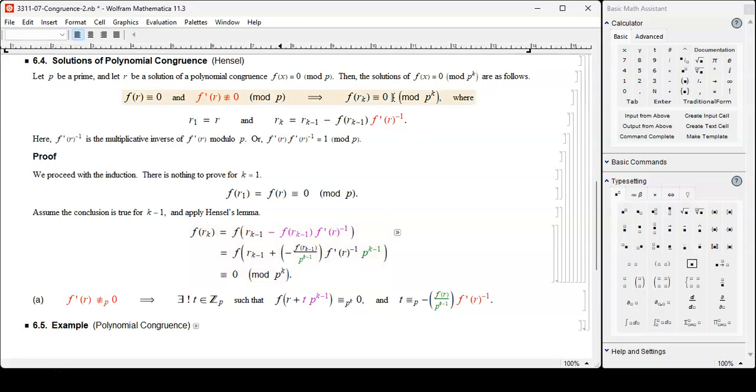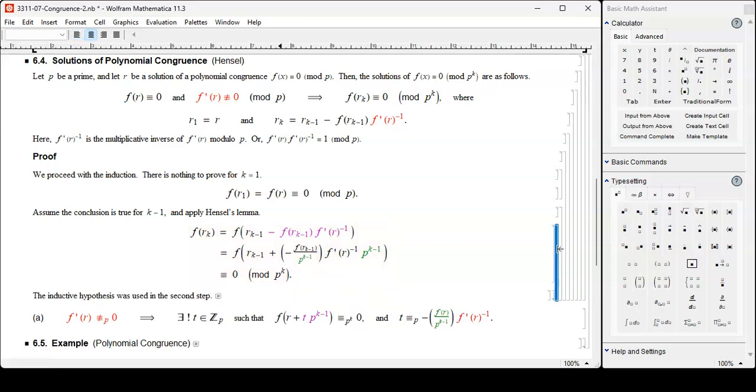is a solution of the previous generation. So that is 0 modulo p to the k minus 1 power. So it is divisible by p to the k minus 1 power. So this entire thing is indeed an integer.